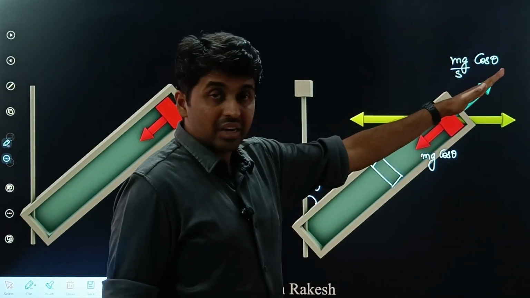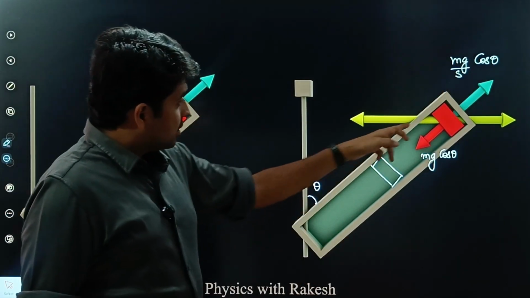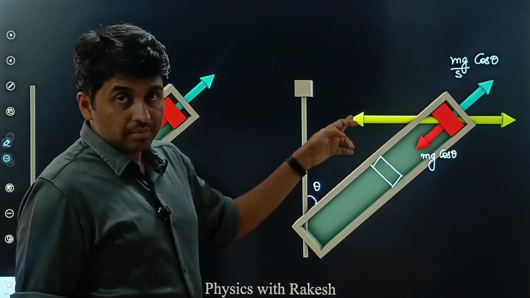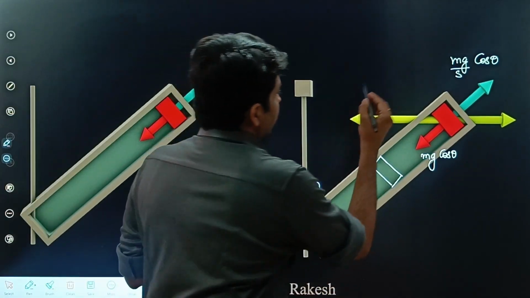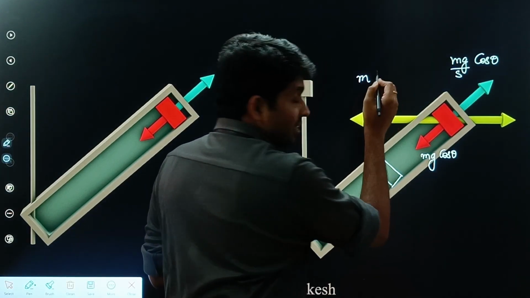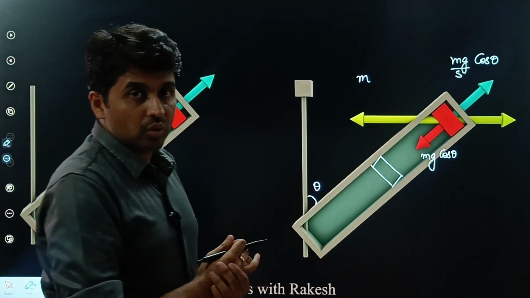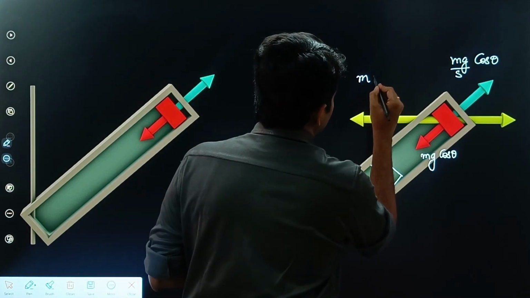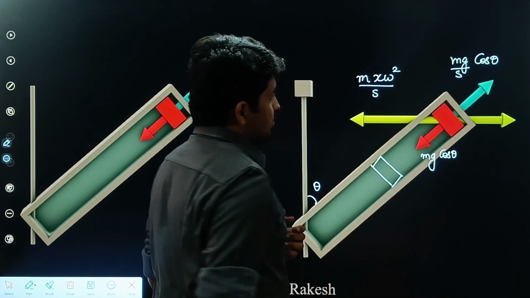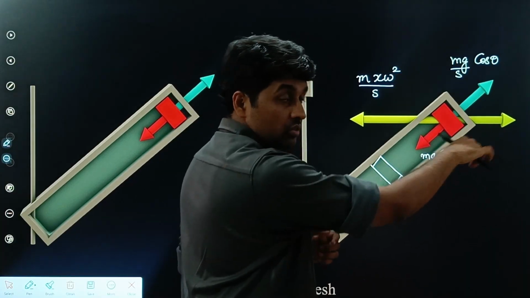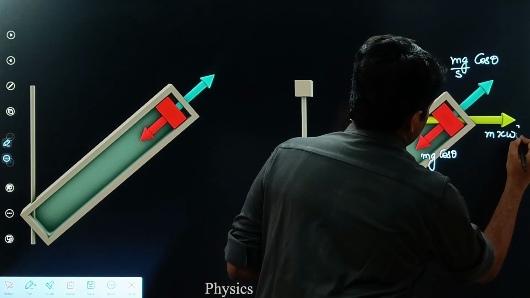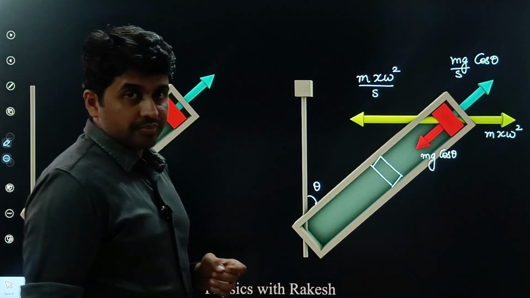This force, suppose it has come here, what will this force be? Tell me. M, okay. Acceleration. What is the acceleration? R omega square. So I'll write this as some x omega square, by s. Pseudo force, mass into acceleration, that is m x into omega square.